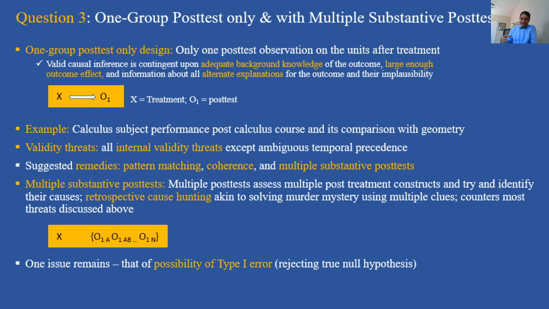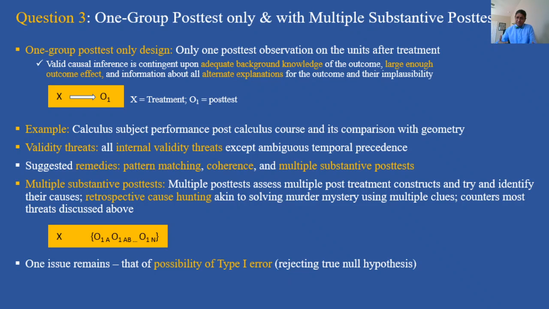So in this approach, multiple post-treatment constructs are assessed with known pathways of the possible causes, much like solving a murder mystery, where you see a lot of clues and then you work backwards looking at the clues to identify the culprit or the cause or the reason for the murder. So this is how it is done typically in a multiple substantive post test. The approach is retrospective. This is proposed to take care of the threats that we talked about earlier.